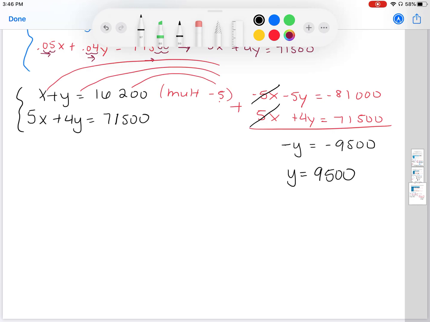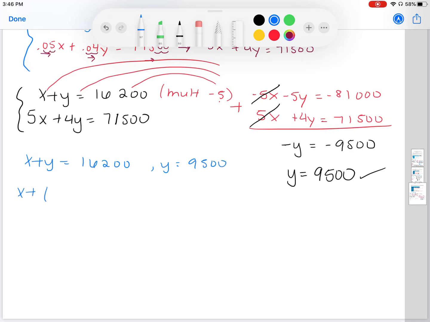All right, we found y. Let's go ahead and plug it in. Let's use that first equation. So I have x plus y is equal to 16,200, and we're going to let y equal 9,500. Let's plug that in.